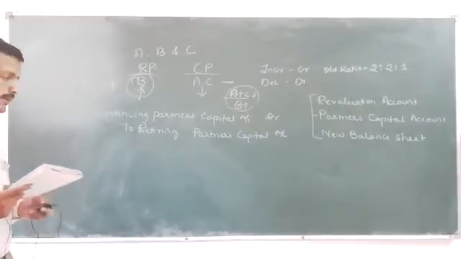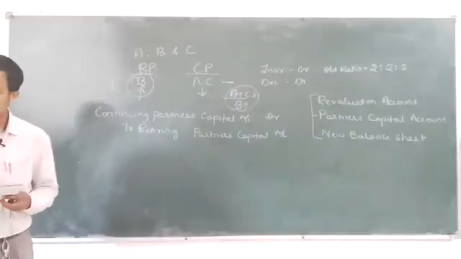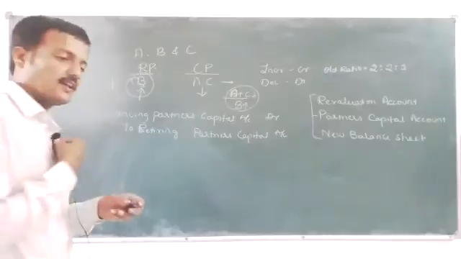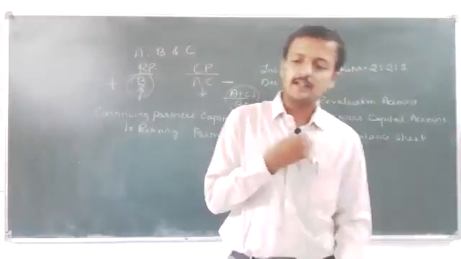So now, to start with the solution, I request you to put the heading, that is, in the books of Digvijay, Brijesh and Parakram. In the books of Digvijay, Brijesh and Parakram.